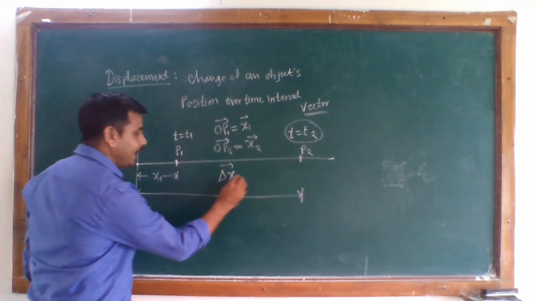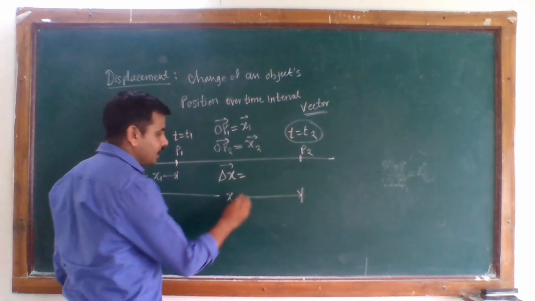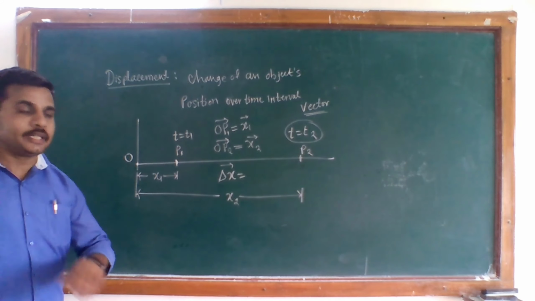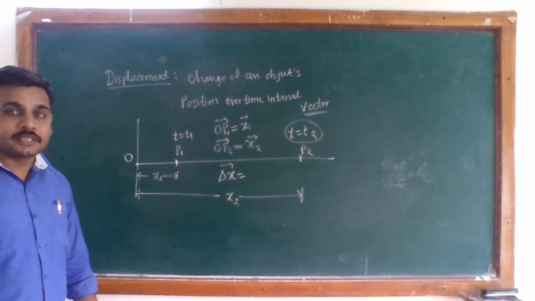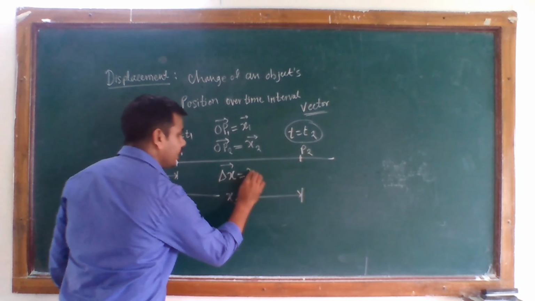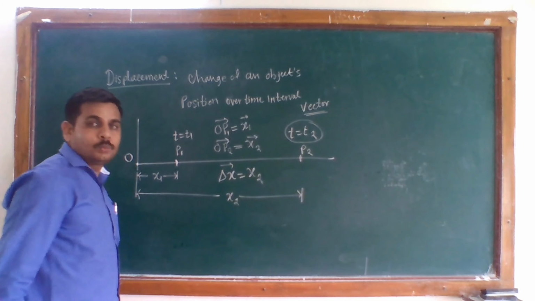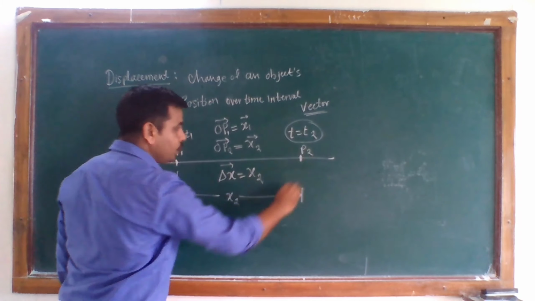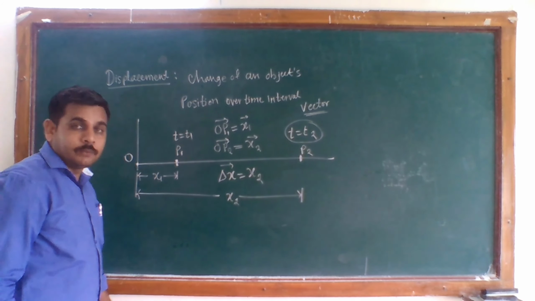Delta x represents the change in the quantity, the difference between position P2 and position P1.